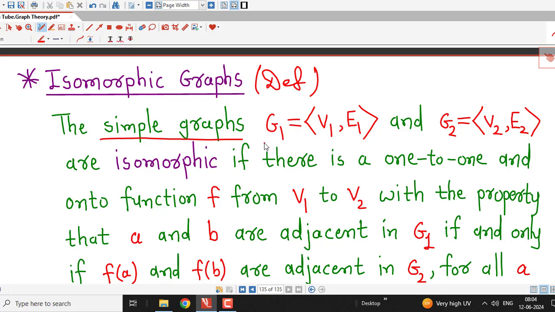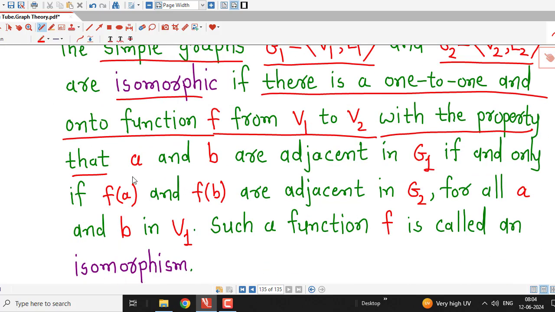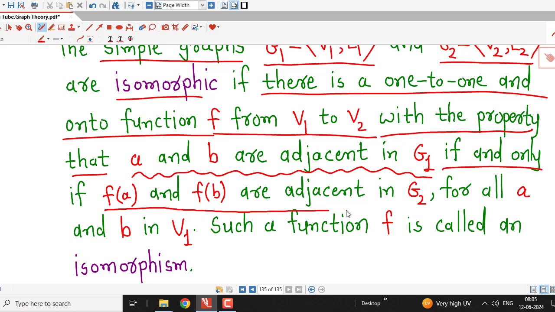The simple graphs G1 equal to the ordered pair V1, E1 and G2 equal to the ordered pair V2, E2 are called isomorphic if there exists a 1-to-1 and onto function f from V1 to V2 with this important property: there is an edge between A and B in G1 if and only if f of A and f of B are adjacent in G2, that is, there must be an edge joining f of A and f of B in the corresponding graph G2.